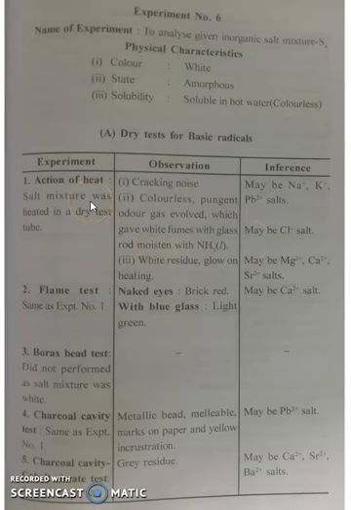So action of heat, you are doing the first experiment, action of heat. Salt mixture was heated in a dry test tube. You took the salt mixture and started heating it in a dry test tube. So cracking noise, may be sodium and potassium.